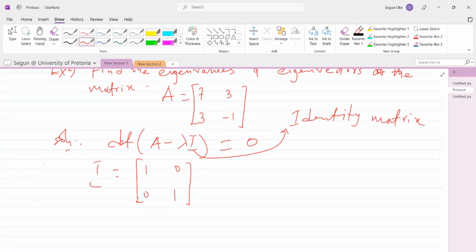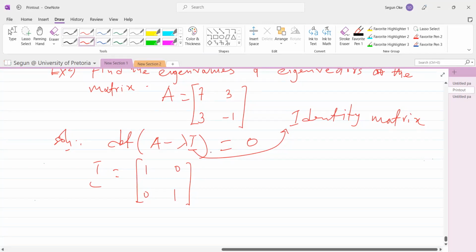Leading diagonal, you'll be talking about when you are doing row echelon and some other things. But in this case, we are talking about identity matrix. I hope I'm clear. An identity matrix is whereby non-diagonal elements are all 0, while diagonal elements are all 1. Is that okay now? So let's continue.